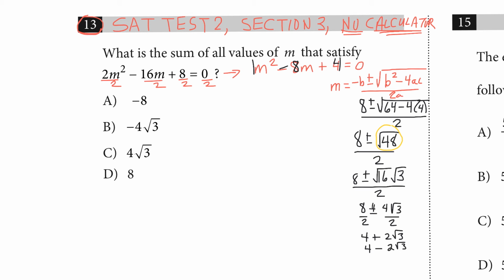So these would be my two answers, and what we're looking for is the sum of all of those values of m. So we have to add those two together, and we get 4 plus 4 is 8, and the 2 square root of 3 and the minus 2 square root of 3 will cancel out, and it looks like your answer is 8.